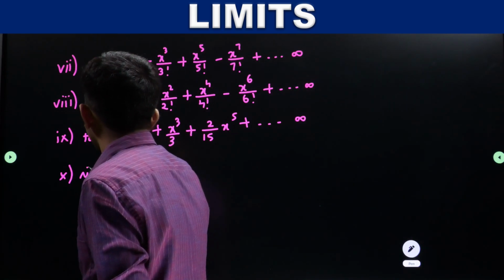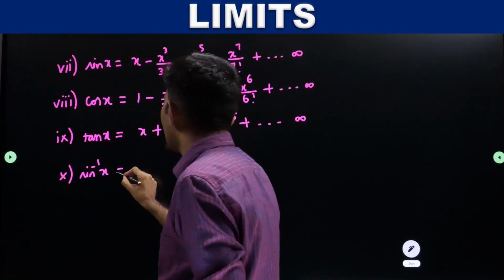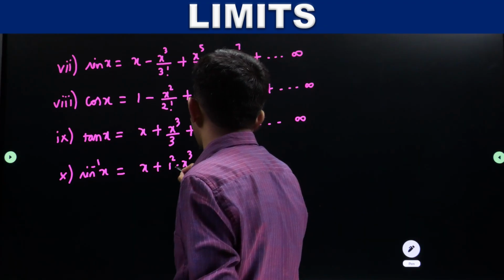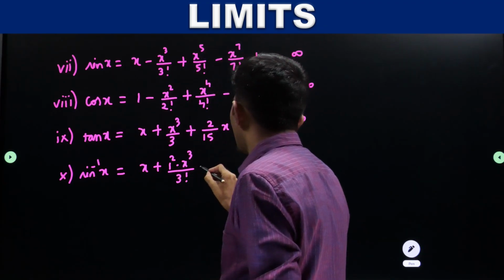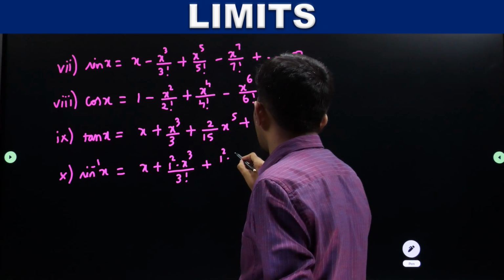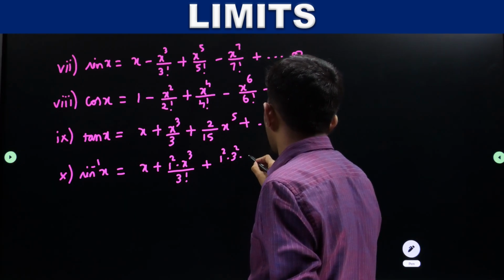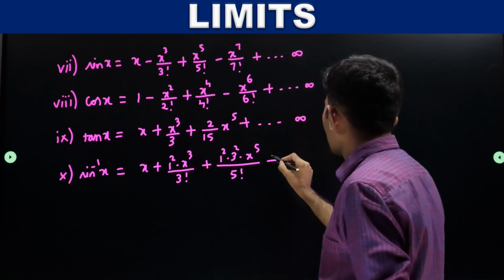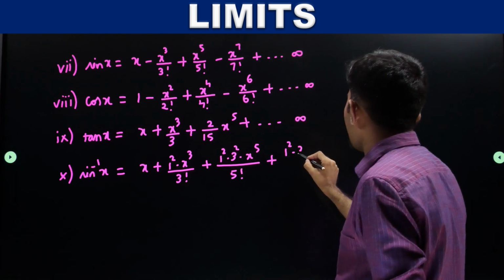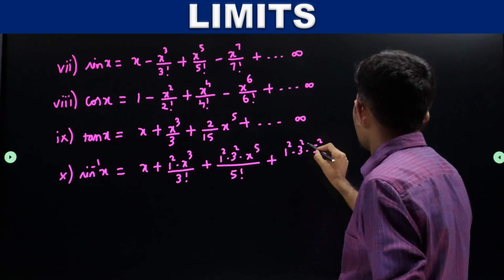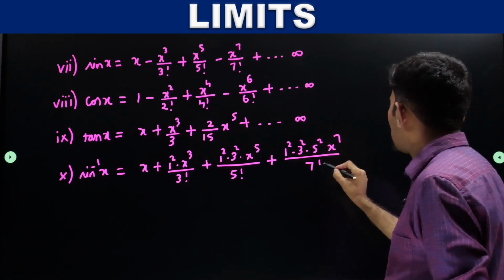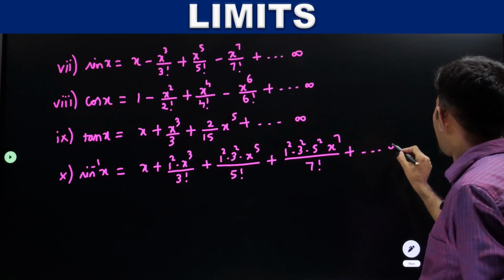Sine inverse x is given by x plus 1 square into x cube divided by 3 factorial plus 1 square into 3 square into x power 5 divided by 5 factorial plus 1 square into 3 square into 5 square into x power 7 divided by 7 factorial, etc. up to infinity.